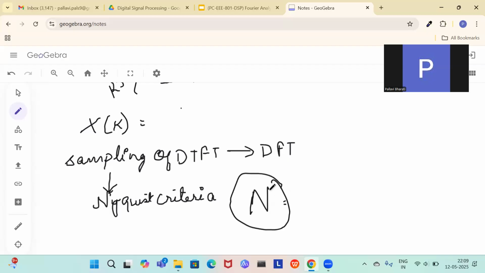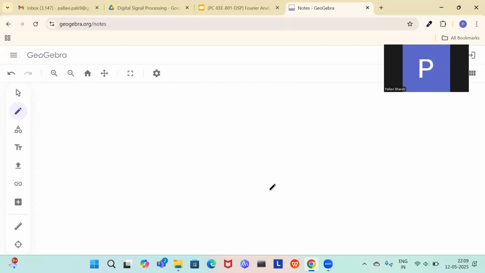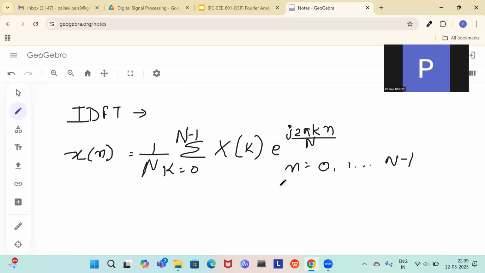Okay. Now, if you take the inverse of this, that is the IDFT, the inverse discrete Fourier transform, it is given as x of n equal to 1 by N times the sum over k equals 0 to capital N minus 1 of X of k e to the power of j 2 pi k n by N. Again, here also small n goes from 0 to N minus 1 and small k goes from 0 to capital N minus 1.